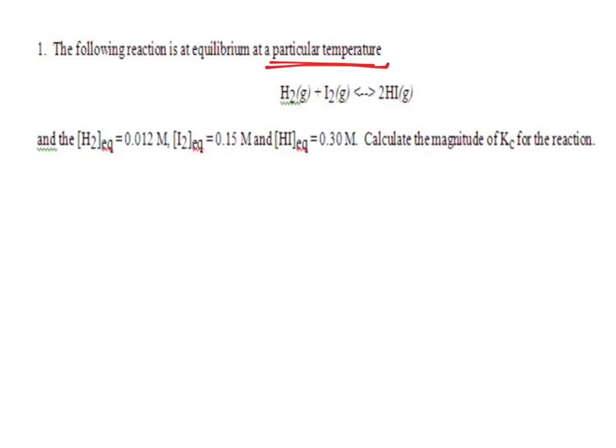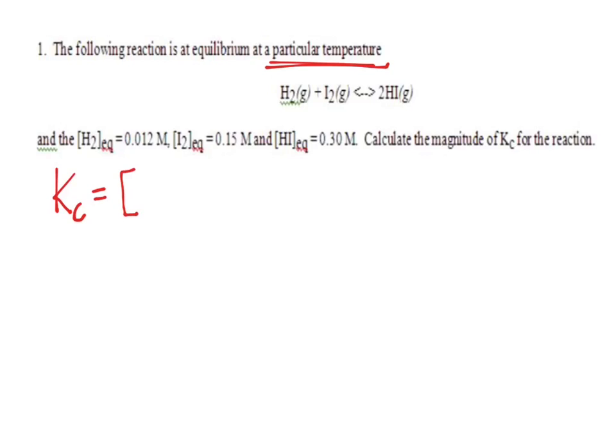So first of all, write your expression. First thing we see is that these are in brackets, and I have molarity, so this is going to be concentration. So Kc is going to be equal to my products over my reactants.